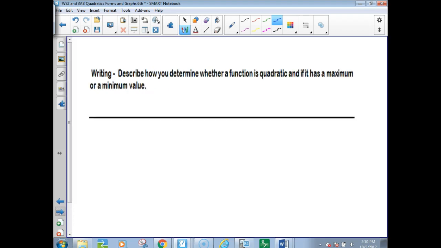Describe how to determine whether a function is a quadratic or if it has a max or a min. All right, it has a max if a is negative, or a less than 0.